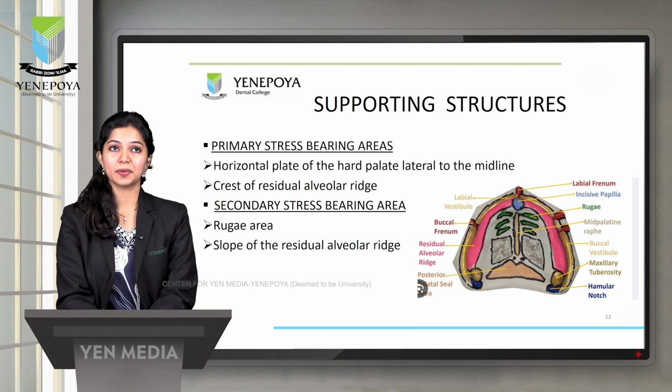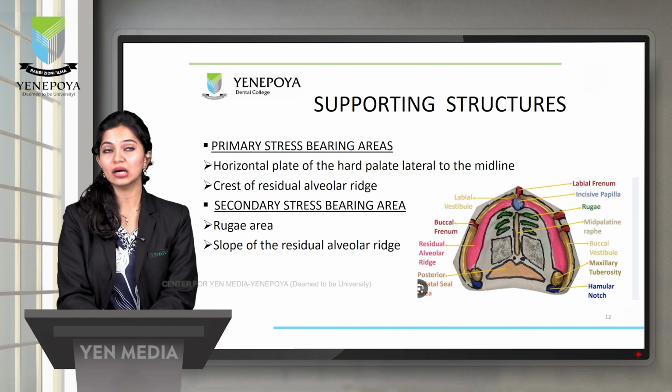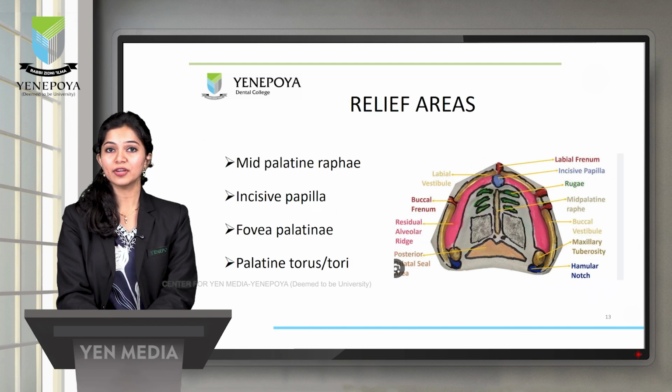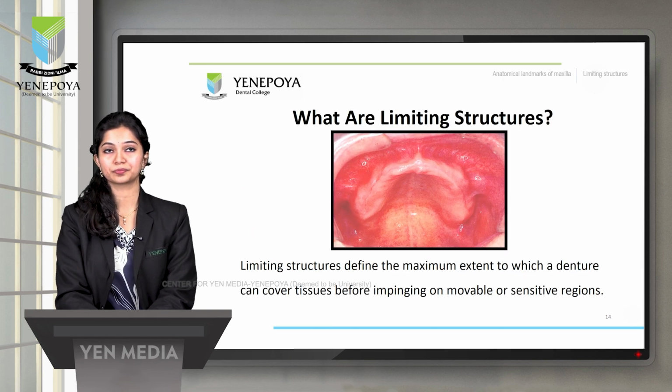In the secondary stress bearing areas, you have the rugae area and the slope of the residual alveolar ridge. Under the relief areas, you have four landmarks: mid-palatine raphe, incisive papilla, fovea palatini, and palatine torus or tori, plural form.